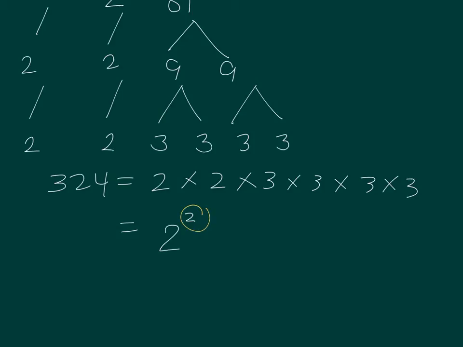That is why it is said you have to convert it into index notation. So exponent notation. We say 2 squared, but what about the 3? Then you have to count how many 3's there are. There are 4. So that means you have 3 to the 4th. So 2 squared times 3 to the 4th.